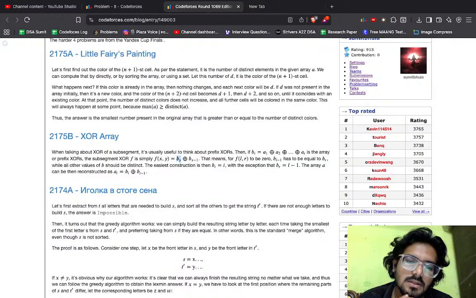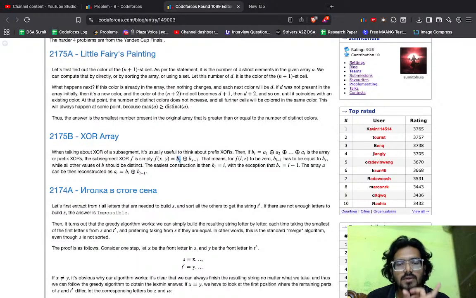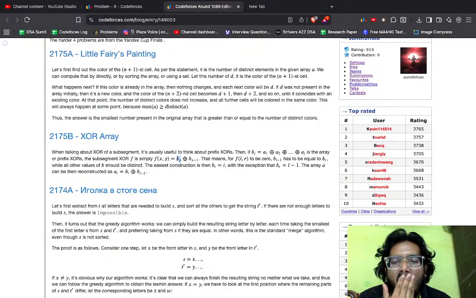For left to right to be 0, this prefix XOR should be 0 for a certain segment, with L minus 1, that is.